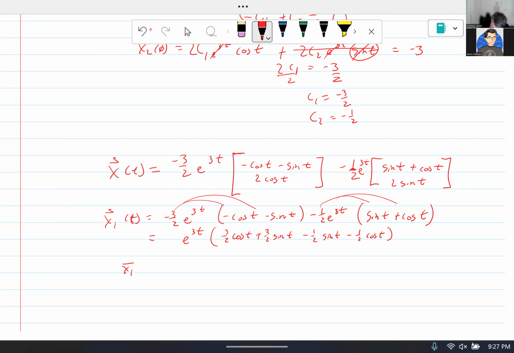So x1 is equal to e to the 3t times cosine t plus sine t. That's cool.